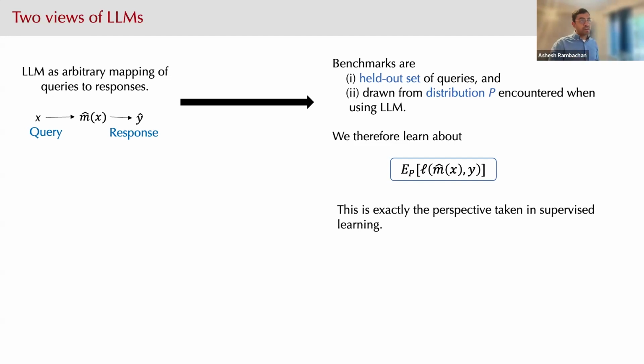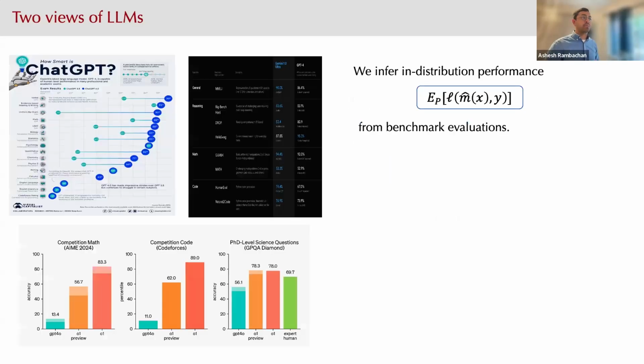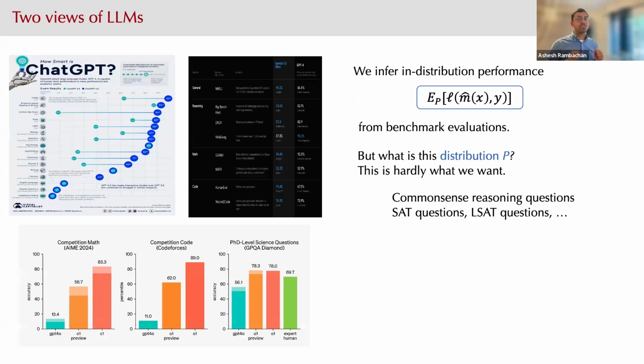Now, is this a satisfying perspective for large language models and how we hope to use them in applied research? Well, I would argue no. If we tried to articulate what exactly is the sampling distribution over queries encapsulated by these benchmark evaluations, they would appear to be far removed from the empirical use cases we began with.